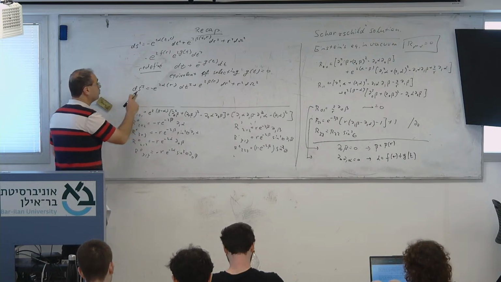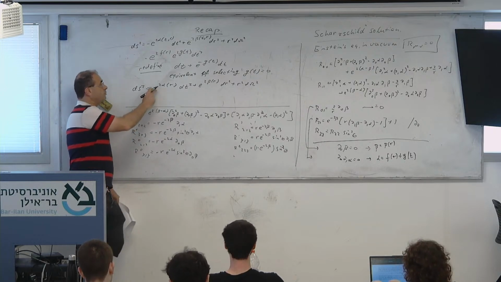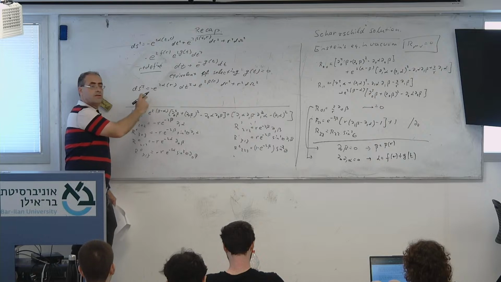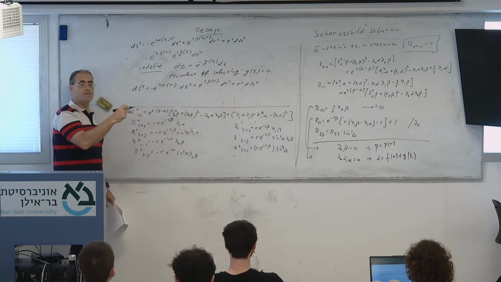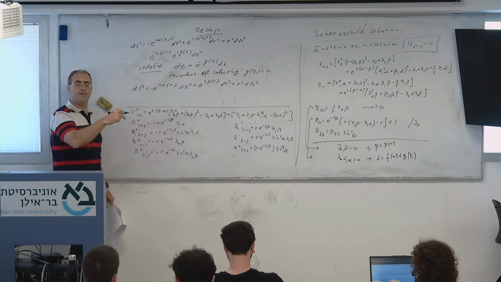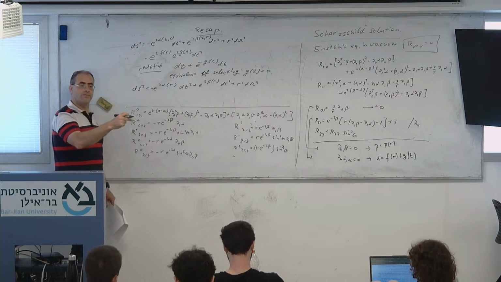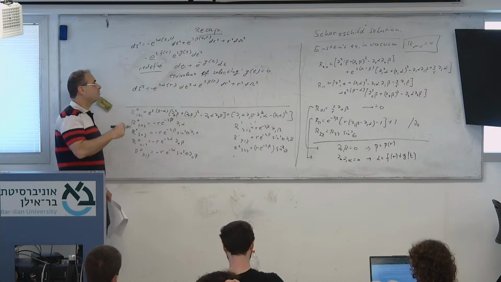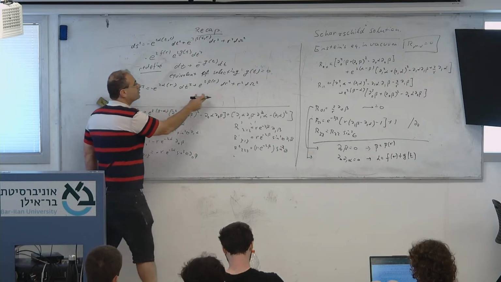So what is that part? This is the component that multiplies the time coordinate, this is g_tt, right? And it is independent of t. In fact, there is no component of the metric that depends on t.